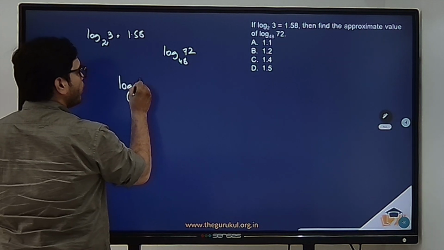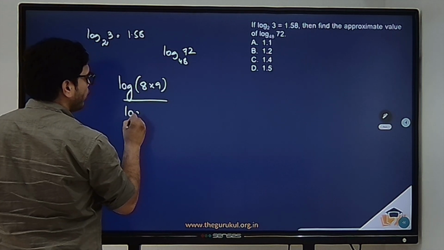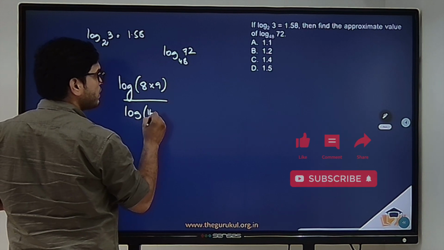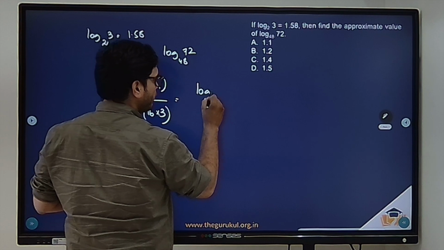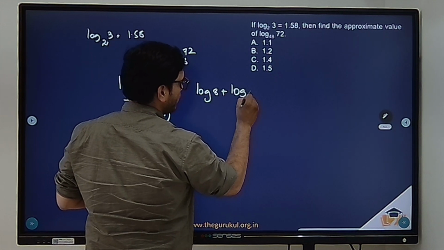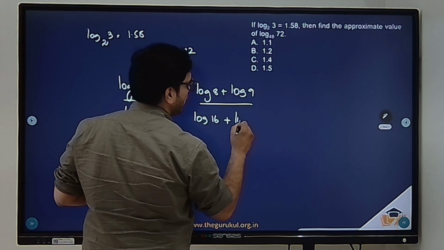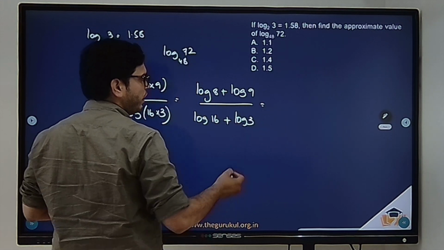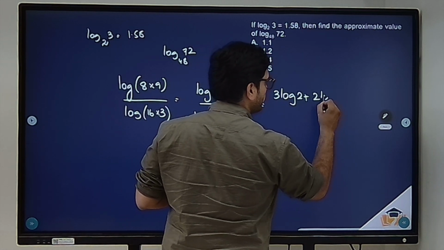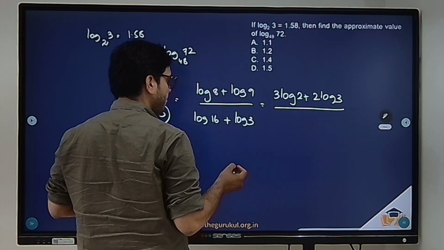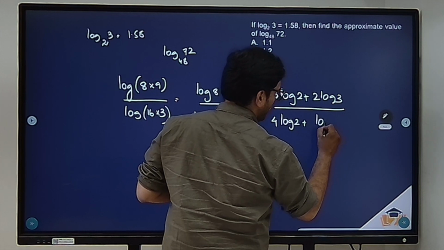Now this would be log 8 into 9 by log 16 into 3. Now I can write this as log 8 plus log 9 by log 16 plus log 3. Now this would be 3 log 2 plus 2 log 3 by 4 log 2 plus log 3.